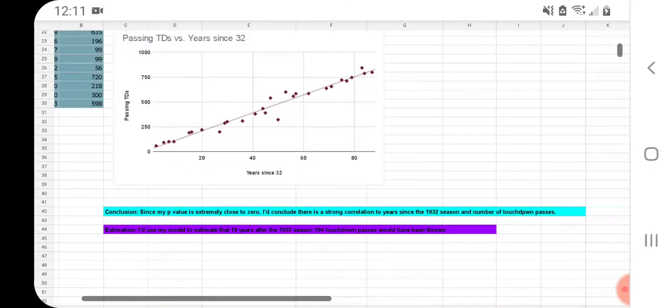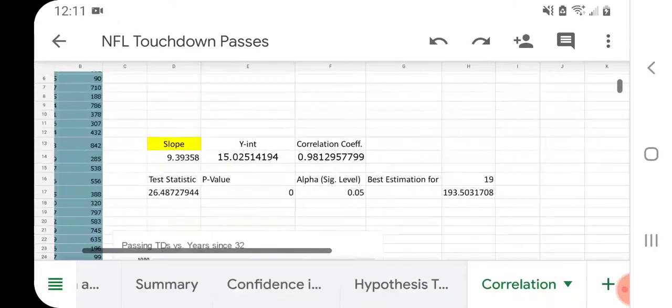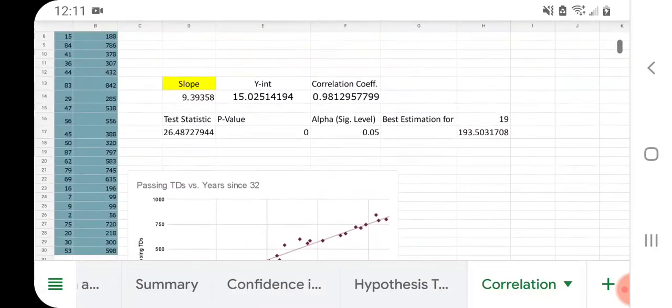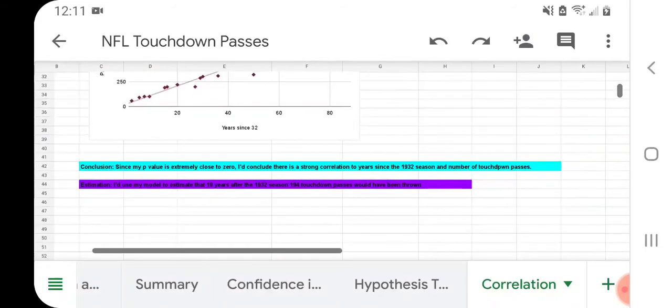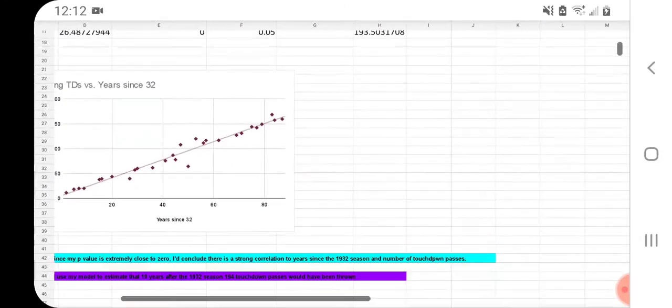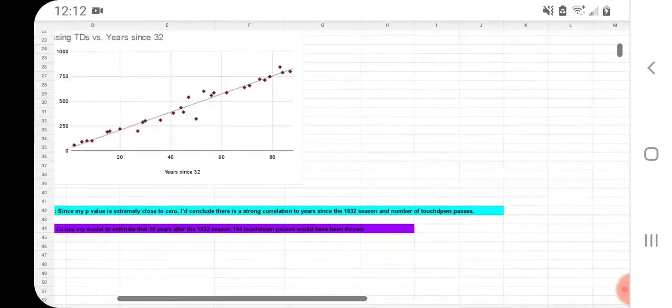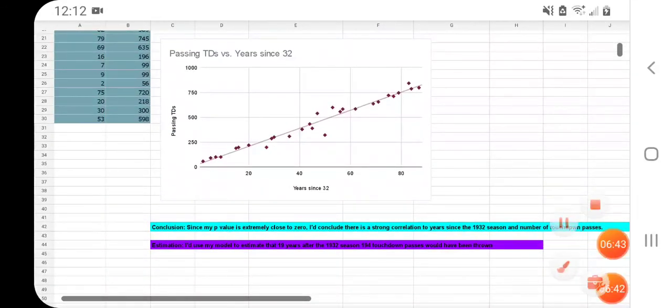So I concluded, since it's extremely close to 0, that there's a strong correlation between years since the 1932 season and the number of touchdown passes. And there's my estimation. I could estimate that 19 years after the 1932 season, 194 touchdown passes would be thrown.